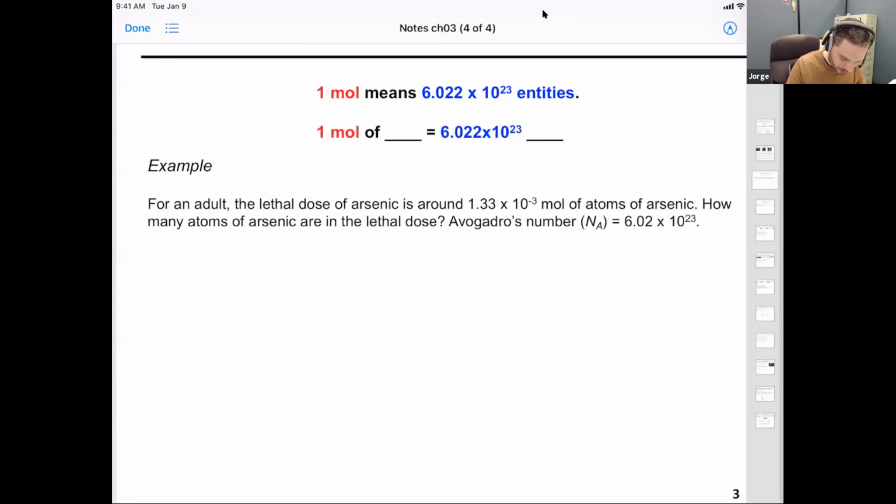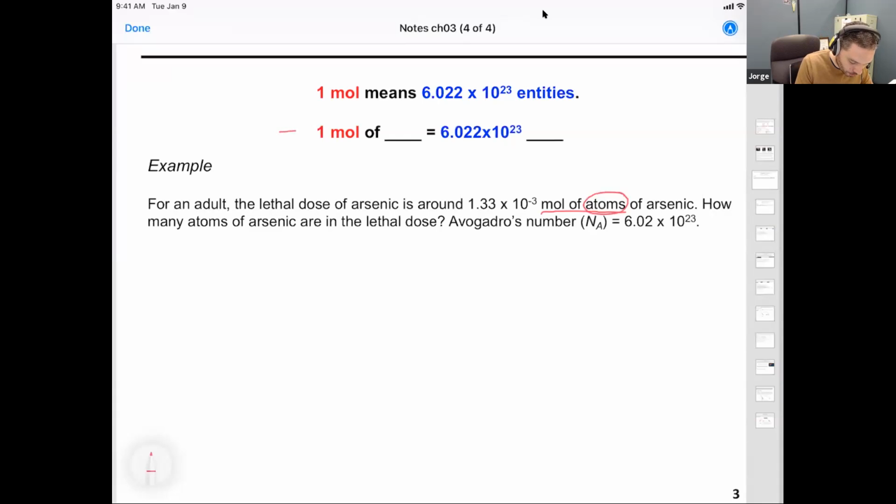Okay, so the first thing here is to identify what we are talking about. If you go back to the question, it says 1.33 times 10 to the minus 3 mole of atoms. So we are talking about moles of atoms.